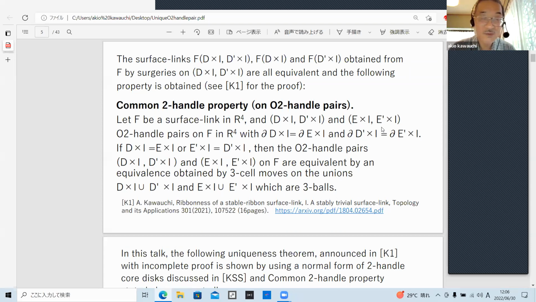I call it the common 2-handle property. Let F be a surface link in 4-space, and D×I, D'×I and E×I, E'×I orthogonal pairs on F, such that the attaching parts are equal.